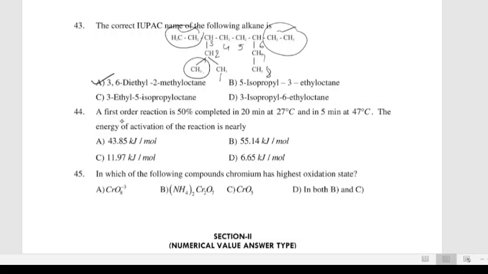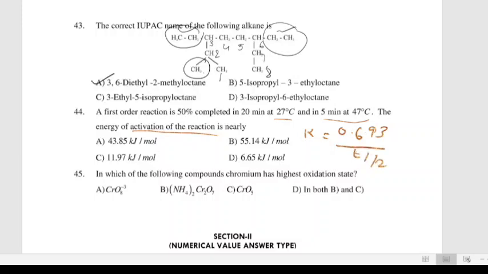Next, a first order reaction is 50% completed in 20 minutes at 27 degrees centigrade and 5 minutes at 47 degrees centigrade. They are asking us to calculate the energy of activation of the reaction. Here, if we consider the K value, K is equal to 0.693 by T half, right?